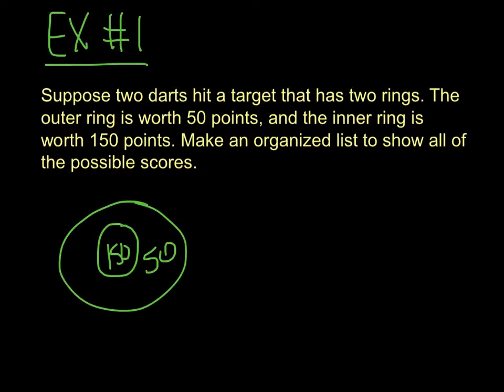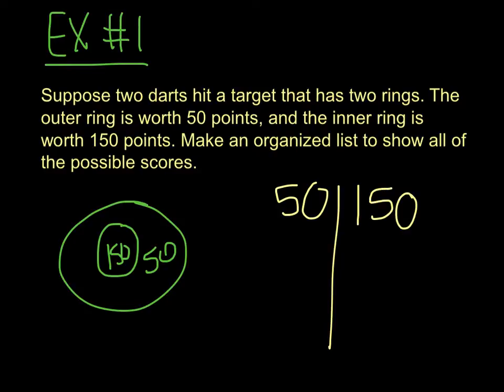And you would throw darts and try to get it on the board, and you could get one of these 2 places. So here's our list. We have an option for a 50 and an option for 150. So if you throw 2 darts, it could land 1 in the 50 and 1 in the 150.